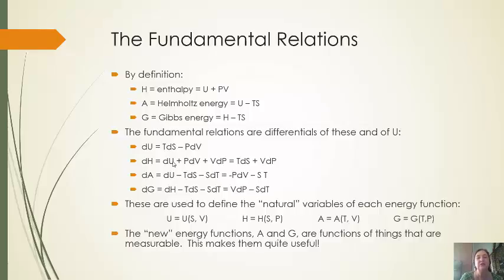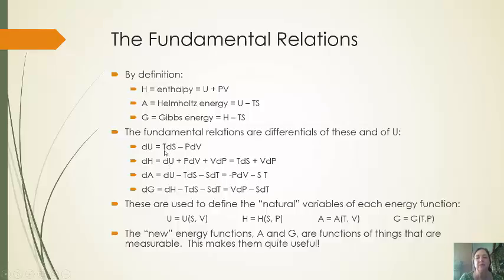Fundamental relations are the differentials of each of these energy terms. So for instance, dU is TdS minus PdV, and that was probably derived for you in a previous thermodynamics course. dH is dU plus PdV plus VdP, just simply taking U plus PV, I take the differential of U plus the differential of the product PV using the product rule gives me this.